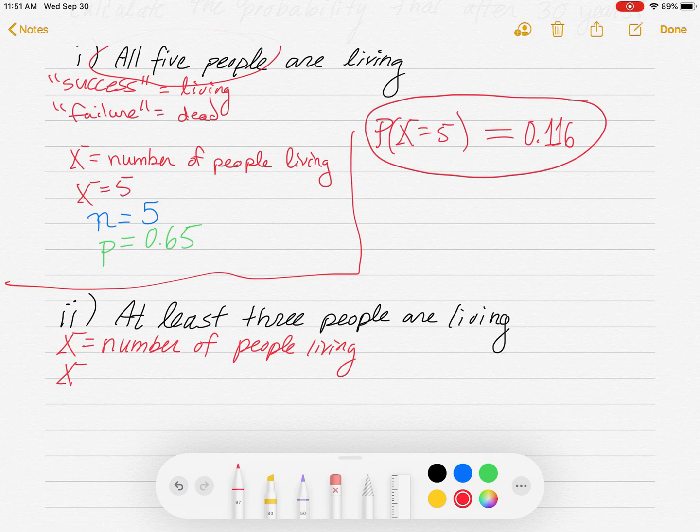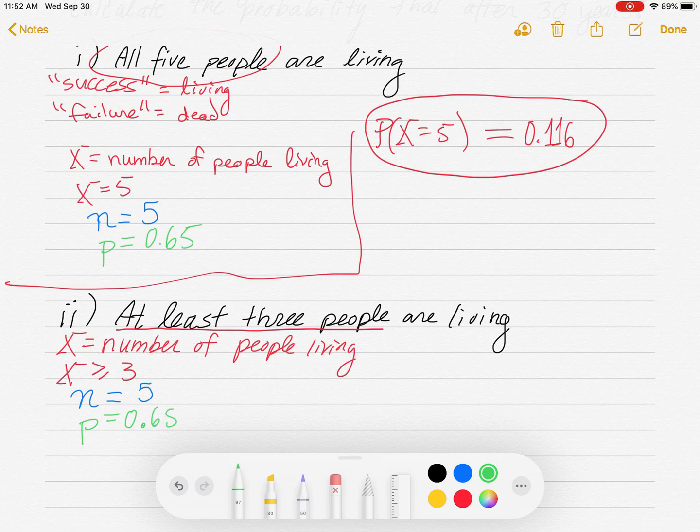Now, what do we want x to be? We want x to be at least 3. How do you say at least 3? It means greater than or equal to 3, right? You want x to be greater than or equal to 3. Now, how many trials are there? There are still 5 trials, right? There are 5 healthy people we're considering.